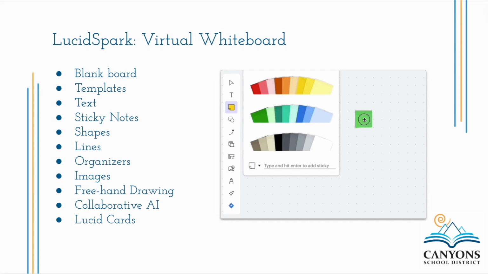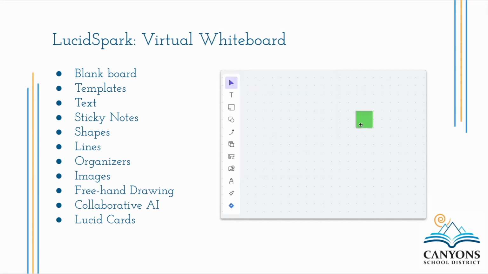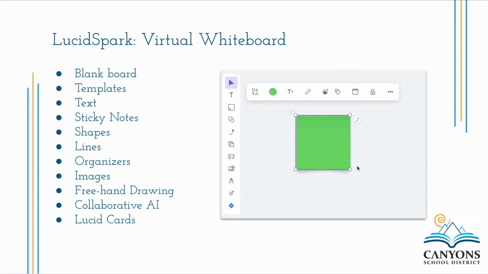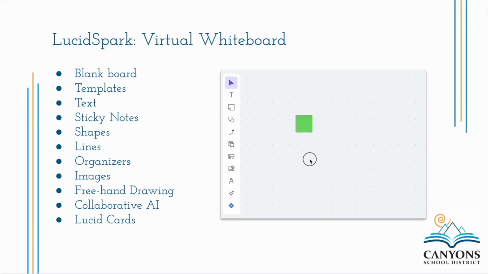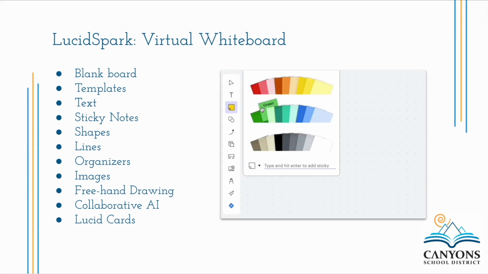So starting with Lucid Spark, talking about just the virtual whiteboard itself, and I'll jump over to Lucid Spark in just a moment and show you some of this, but this is where you can start with a blank board or templates. You can add text, sticky notes, shapes, lines, various organizers that you can bring in. So even though Lucid Chart is more for the flow charts, graphic organizers, you can still do that within Lucid Spark as well.